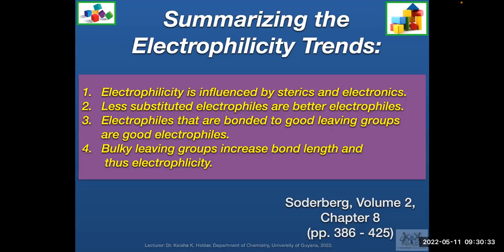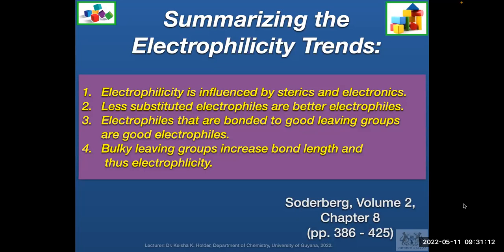There will always be these interplaying with each other at various stages, and different combinations will actually determine whether or not the reaction goes forward, whether it's favorable, and if it does go forward, whether it does so fast, slow, or intermediate. All right, so having said that, less substituted electrophiles are better electrophiles generally for SN2 reactions.